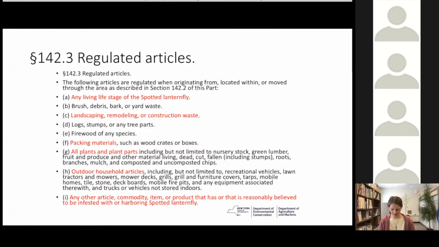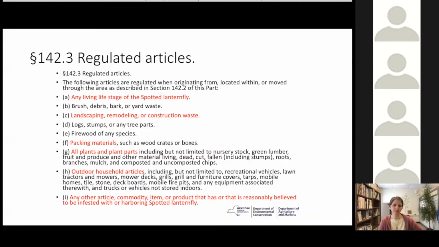So if you saw those pictures that Dan had put up before, if those items weren't listed as regulated articles, the spotted lanternfly on them would be regulated and therefore subject to the provisions within this regulation. The other one that's most common that we see a lot is landscaping, remodeling, and construction waste, specifically the landscape debris. A lot of nursery stock, other items coming in to support the landscape industry. Those are things that we're concerned about.